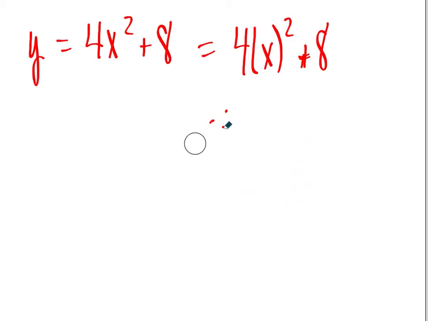So it's kind of like vertex form. Since this doesn't have anything with it, it doesn't go left or right, and that pushes it which way? Up 8. There's nothing with the x, so it doesn't go left or right because it's in parentheses.